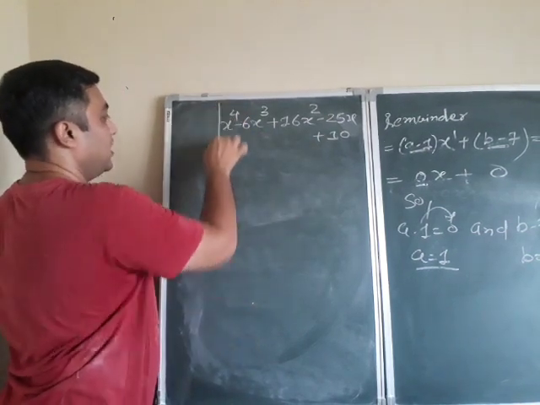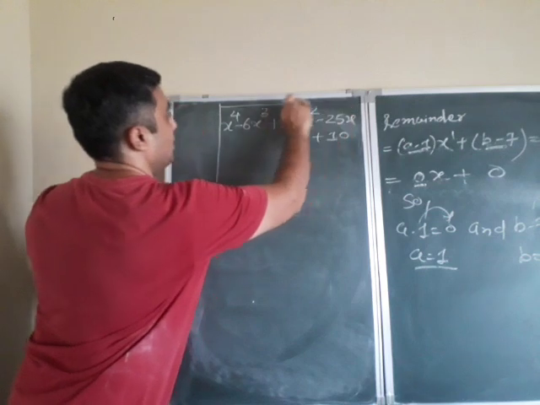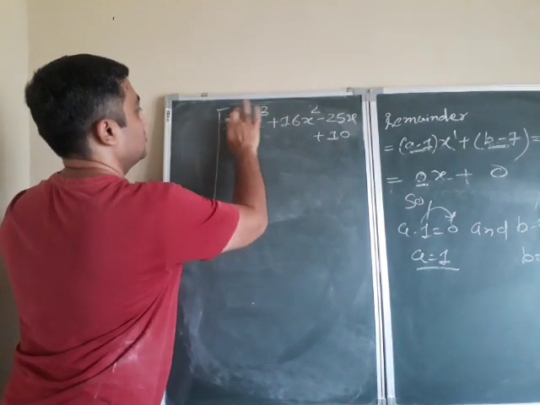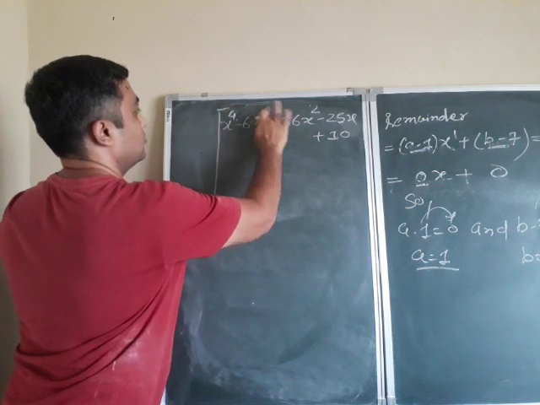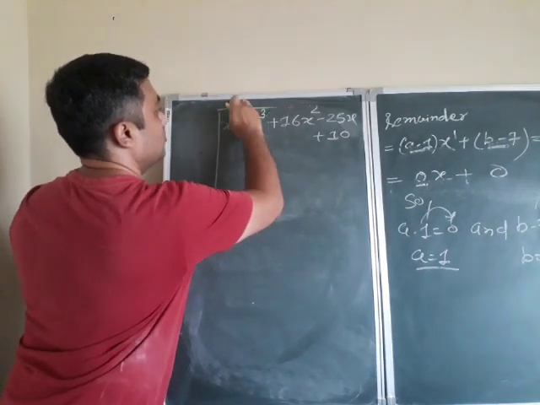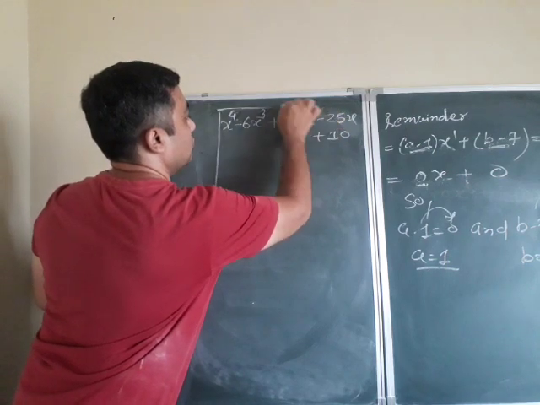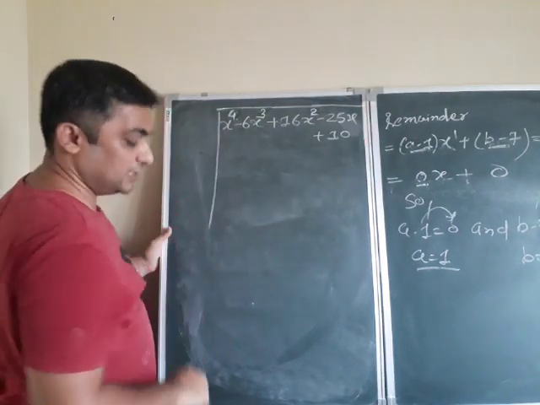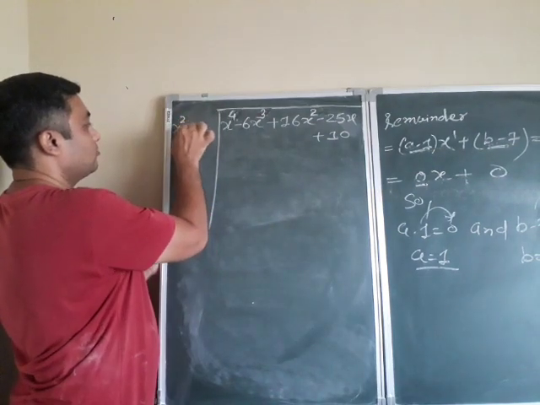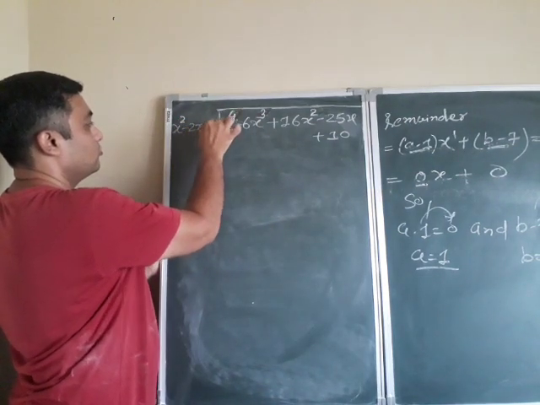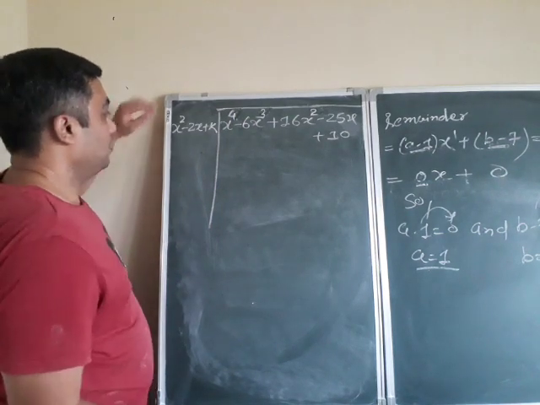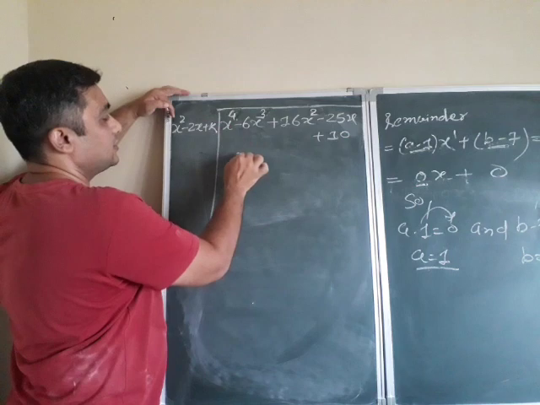This is divided by x square minus 2x plus k. चलिए ready? Fine.